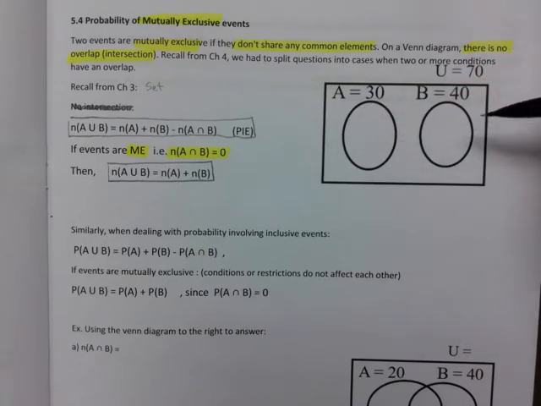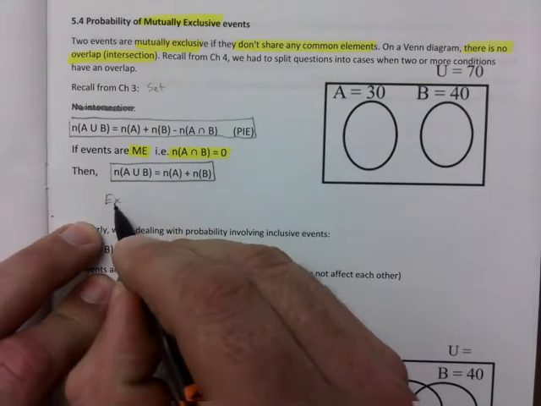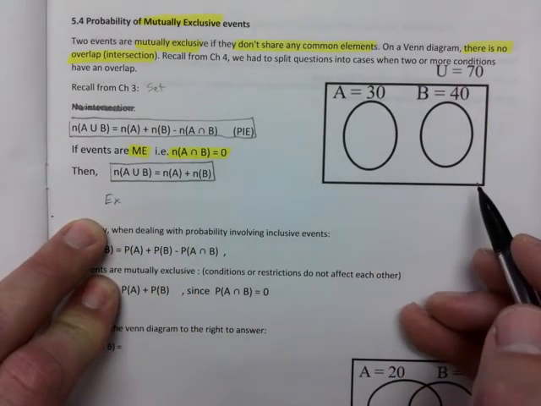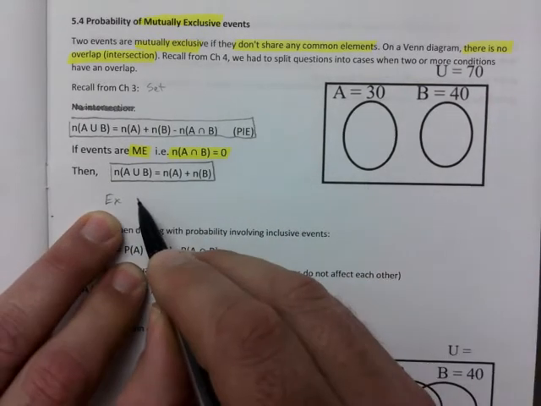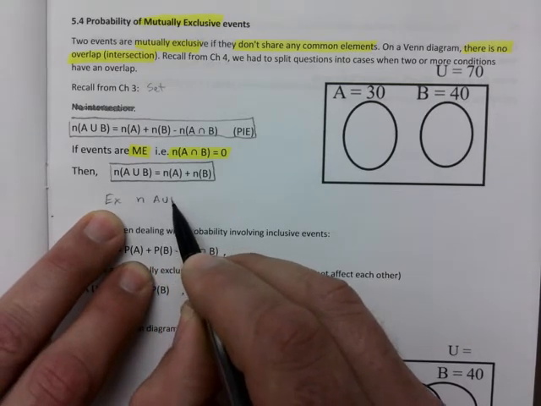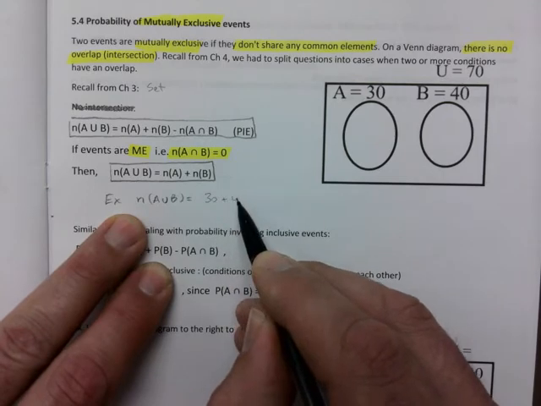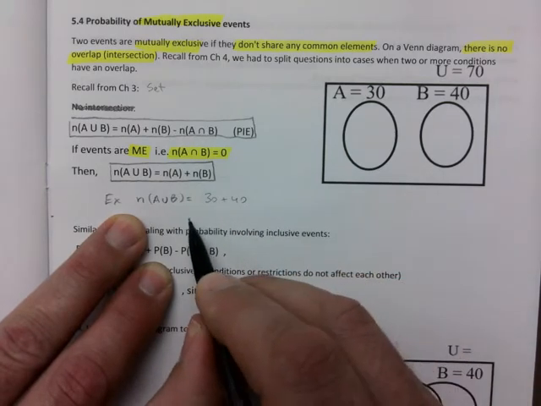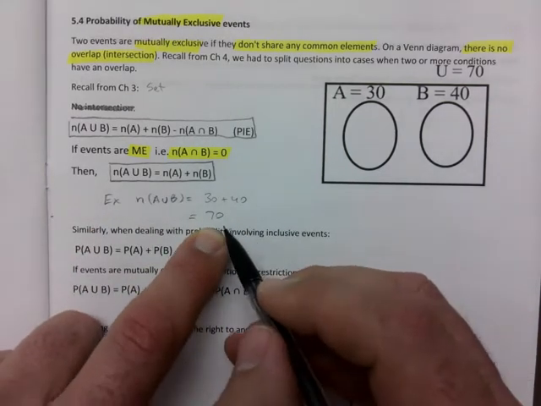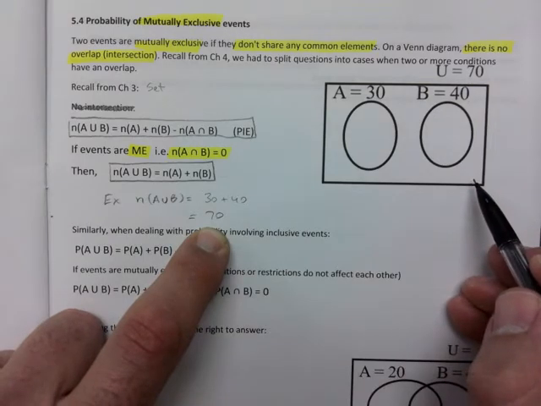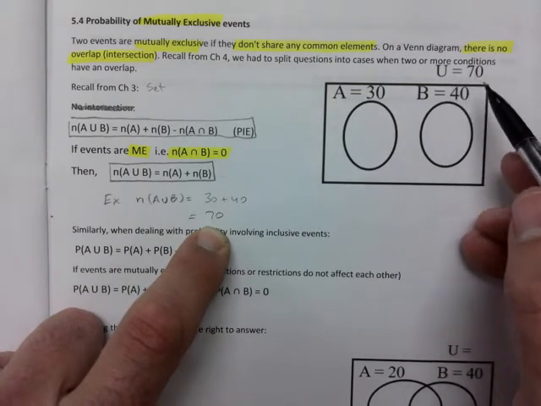In this Venn diagram, notice that there are no outliers. The union of A and B would simply be 30 plus 40, which is equal to 70. Since there are no outliers, it matches the universal set.